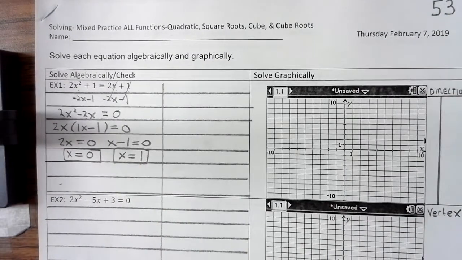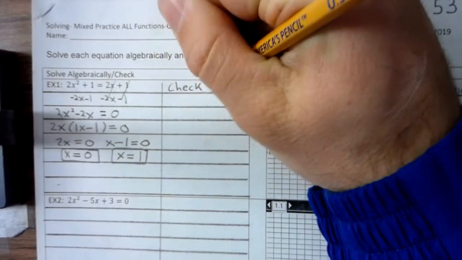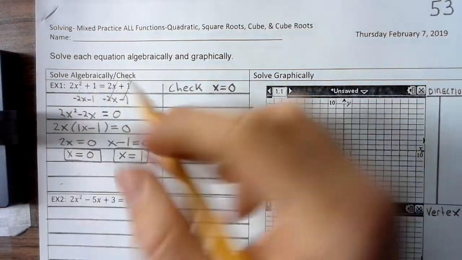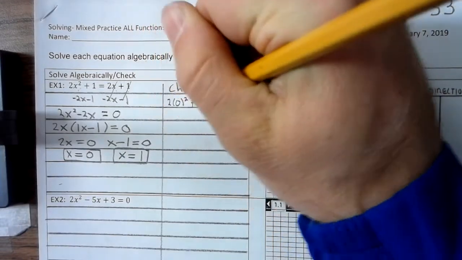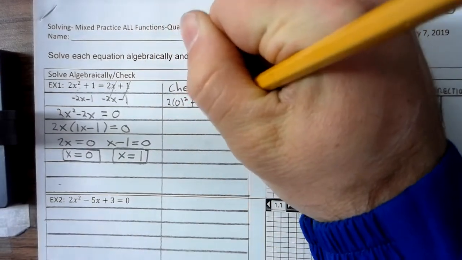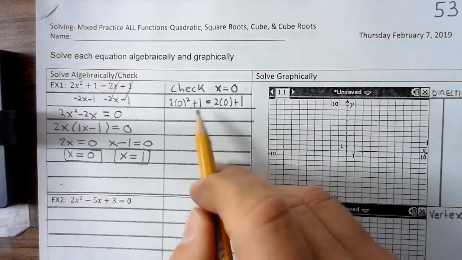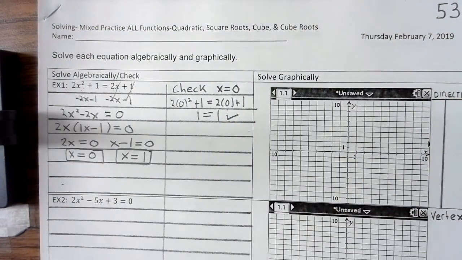Now we need to check. X equals 0. So we substitute 0 into the original equation, so that's 2 times 0 squared plus 1 equals 2 times 0 plus 1. Well, that's 0, so 1 equals 1, so that checks.